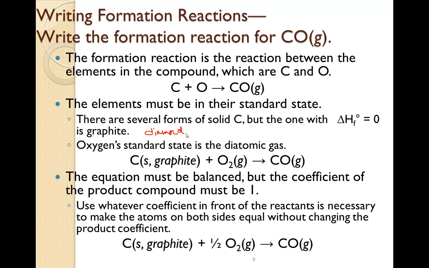The one that's the delta H of formation of 0 is the graphite, and that's why it's used. Also, we have O2 as the gas, making carbon monoxide. Because we want this to balance out to be 1, the carbon, solid graphite, is reacting with 1/2 of an O2, because we want the formation to be 1.